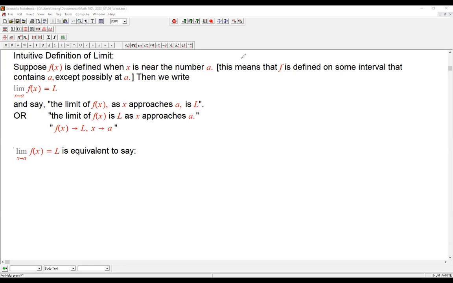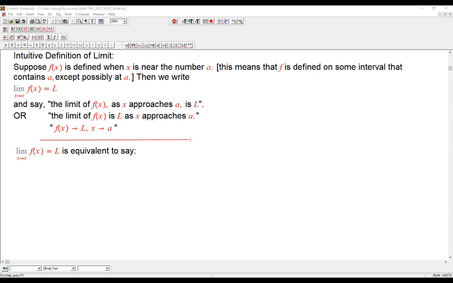Suppose we have a number line, and there's an a here. A is a point where f may or may not be defined. Actually, I should be using red. I want to be consistent with some scheme I'm about to introduce.